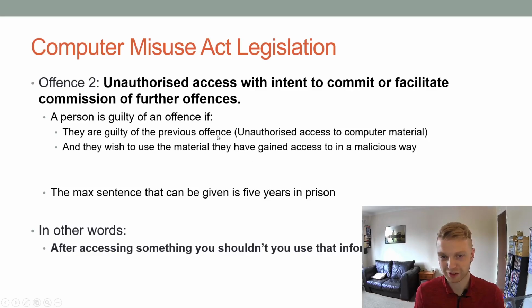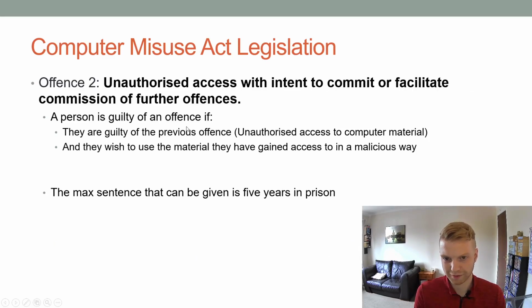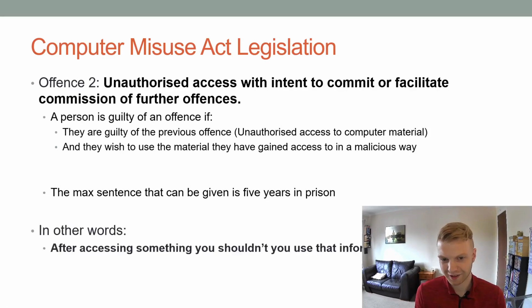Part of it is you need to be guilty of offence 1 before you're guilty of offence 2. There are different layers of seriousness, and there are more years in prison as a result.